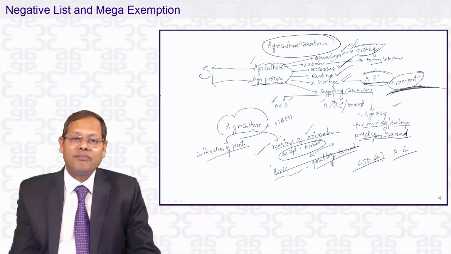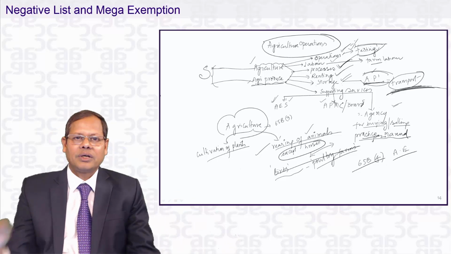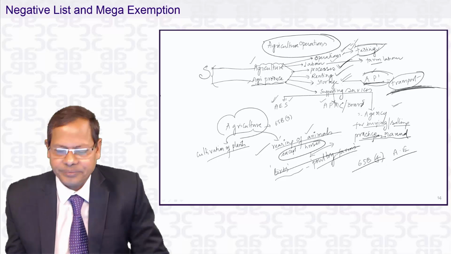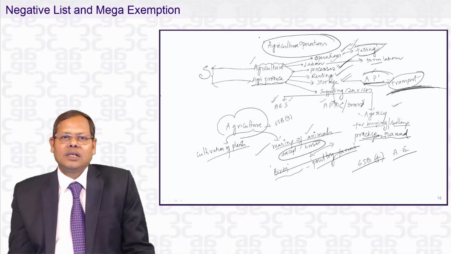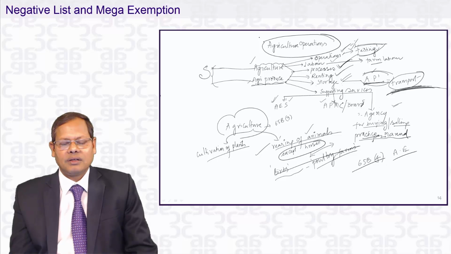Maybe renting of vacant land or agricultural land. Land is agriculture, but we have let it out for conducting a political meeting. So it has nothing to do with agricultural operations. So that is taxable.